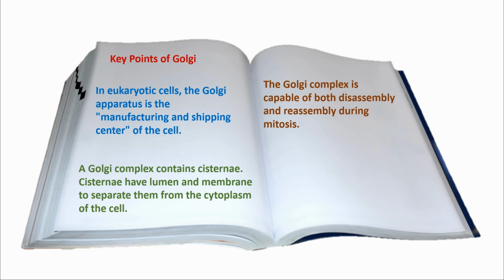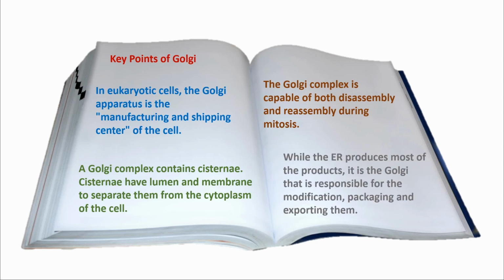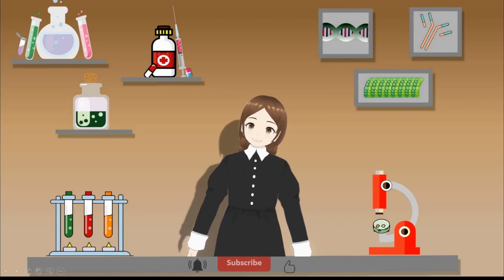While the ER produces most of the products, it's the Golgi that is responsible for the modification, packaging, and exporting them.